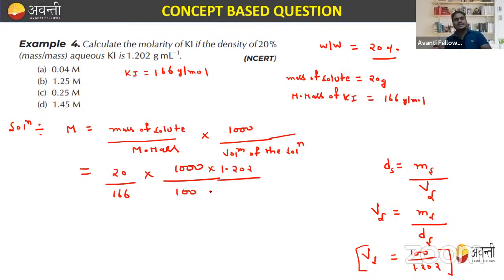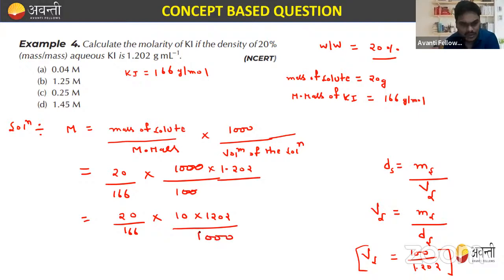Now, just calculate molarity here, beta. 20, 20, they cancel out each other. Now this comes out to be 20 upon 166 multiplied by 1202 and divided by 1000, right? So cancel out.